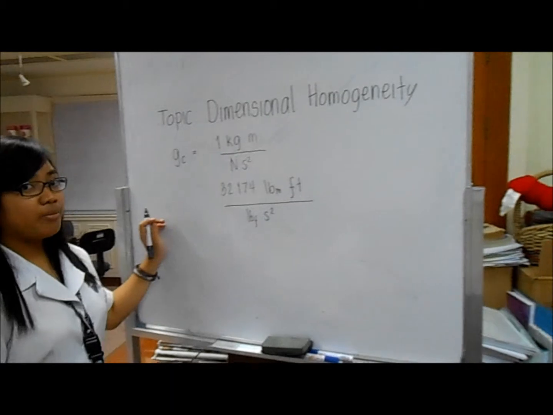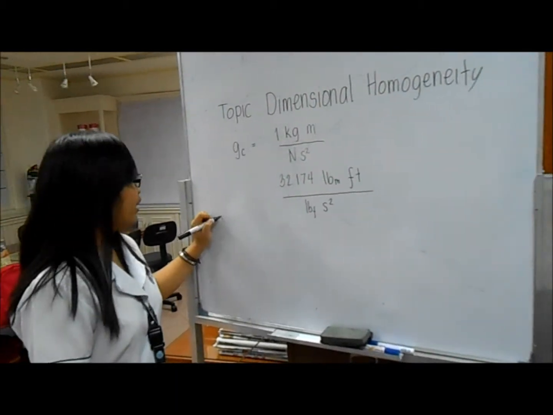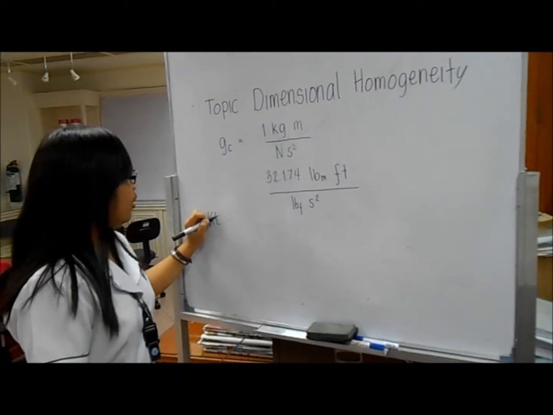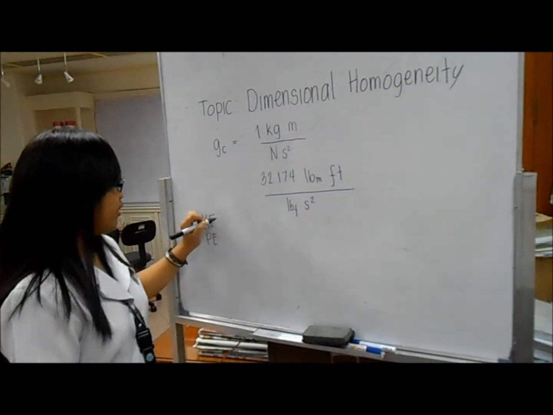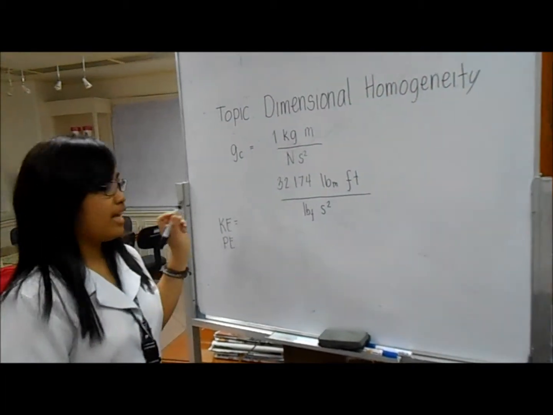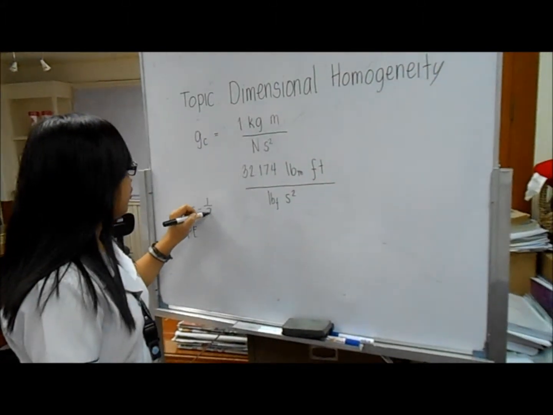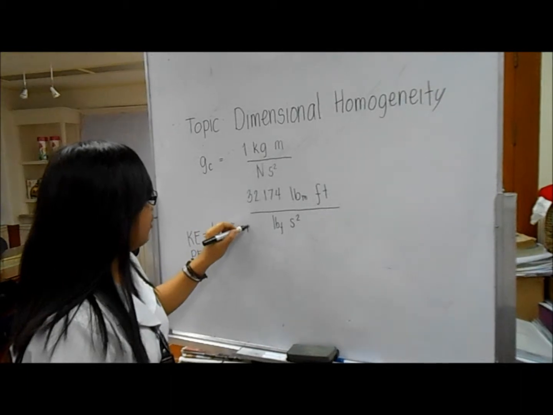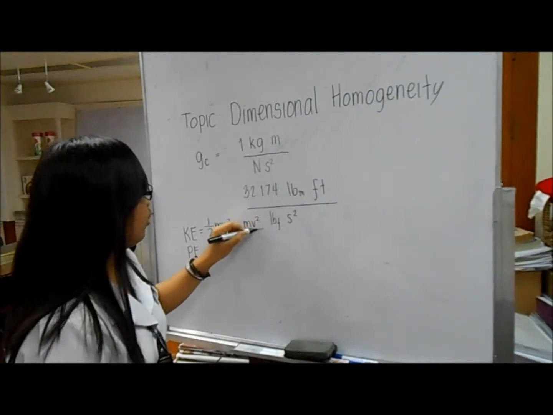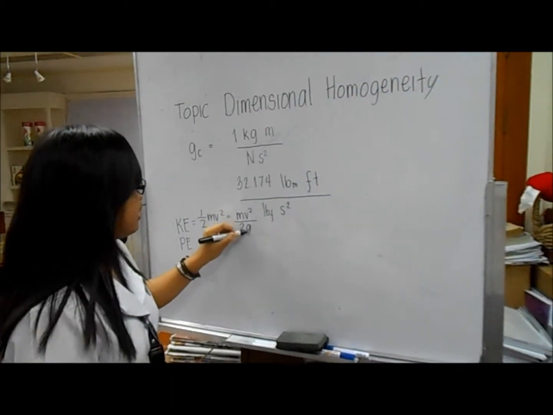Through the dimensional homogeneity, we can modify the simple formula for kinetic energy and potential energy. Kinetic energy, originally 1/2 mv squared, becomes mv squared all over 2g sub c.